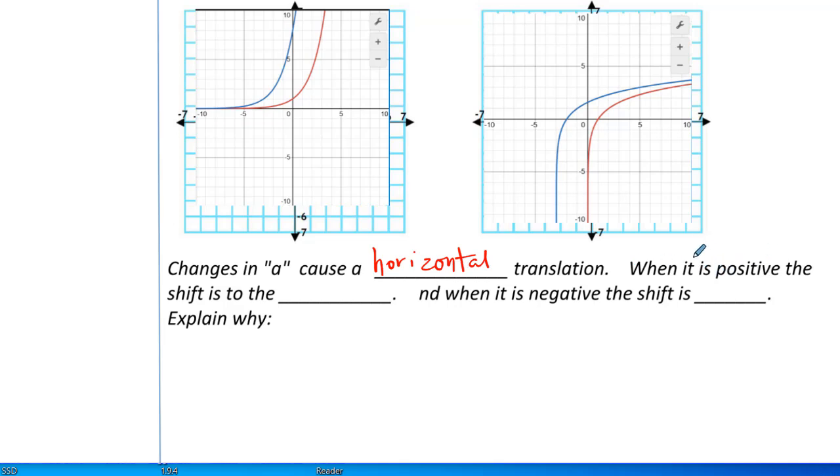When a is positive, the shift is to the left, and when it is negative, the shift is to the right. Explain why. I leave this for you to think about and respond to. Next slide.